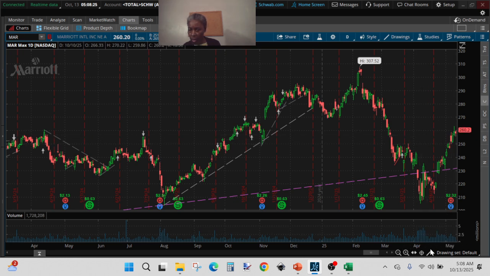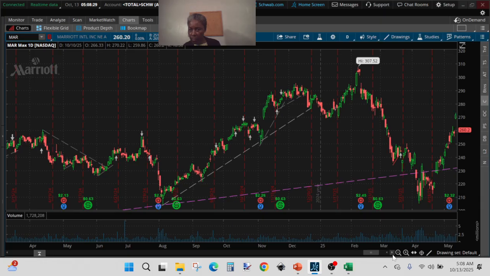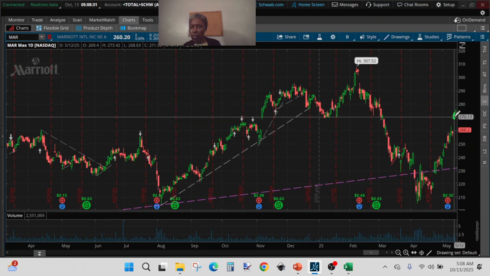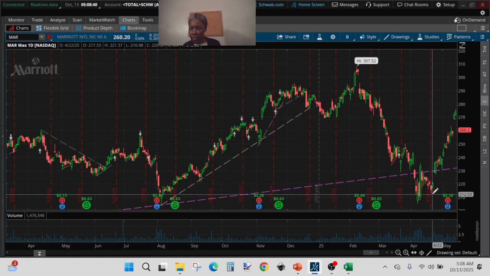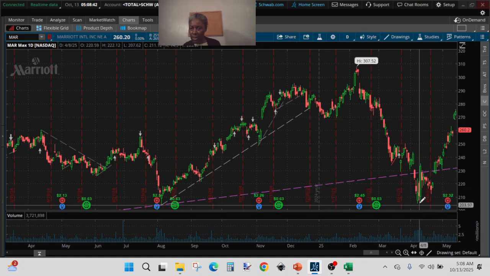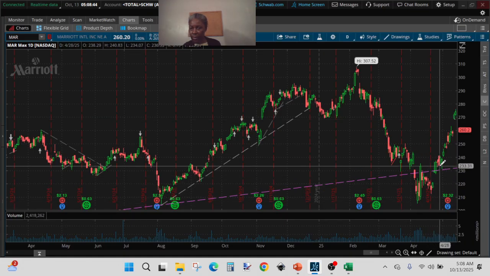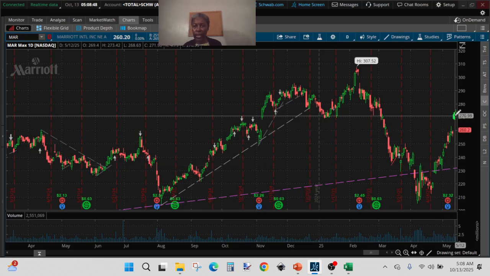So therefore, this could be a buying point for you. If you are counting, this one is higher than this one, but this will be more than one to count. So yeah, this will be a buying point.